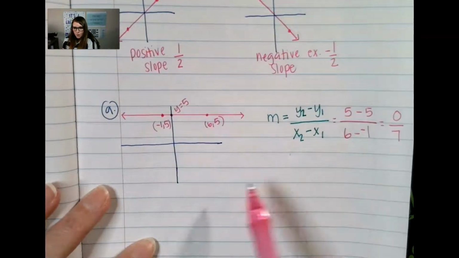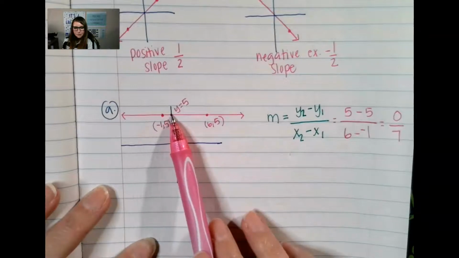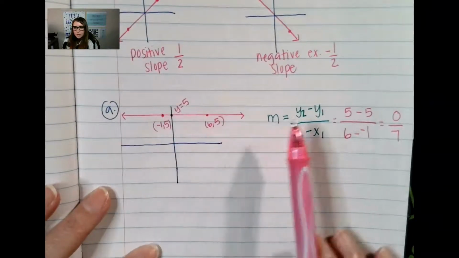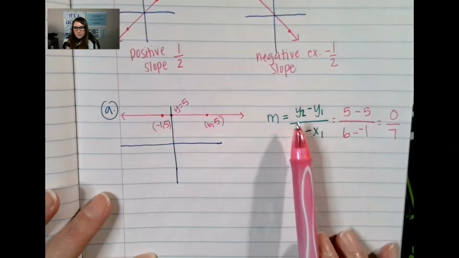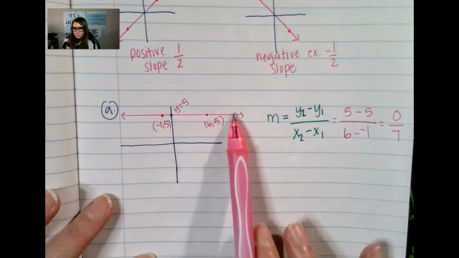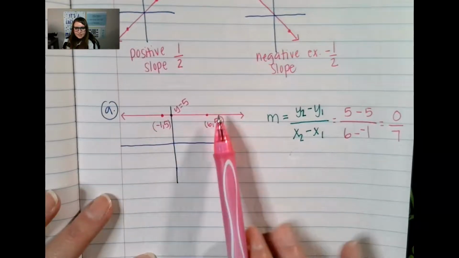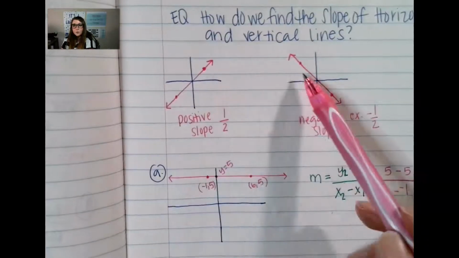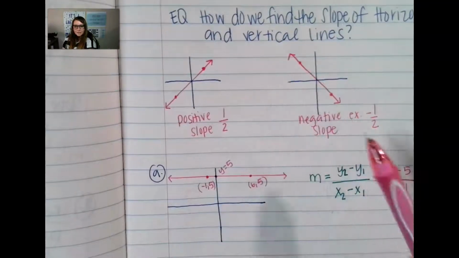So we don't go anywhere. Okay, there is no rise, there's only running back and forth. So if you remember, this is rise over run. There is no running. There is no rising. The line does not go up like a positive slope or down like a negative slope.